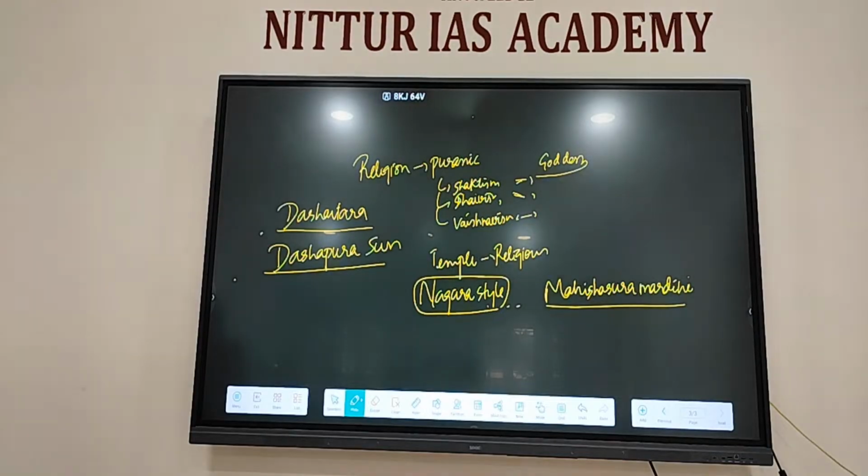Devotional form of worship is now dominating. Clear? Any doubt regarding this? So devotion as a form of worship, idol worship, you are seeing the coming of Sun Temple, Shaktism, Vaishnavism, Shaivism. These forms are emerging during Gupta's period.